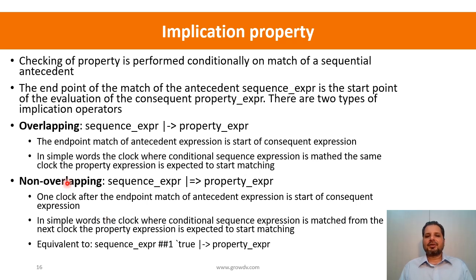As the word says, non-overlapping. So on the clock event where your antecedent has matched, like request, if I use a non-overlapping operator, it expects the grant to come on the next clock, not on the same clock where the request has matched.